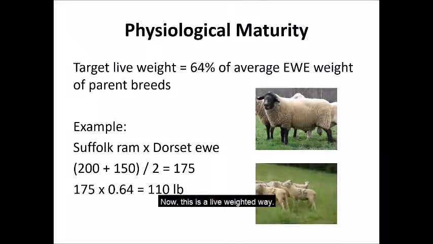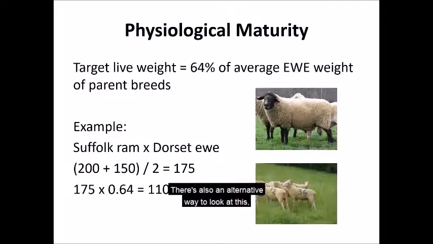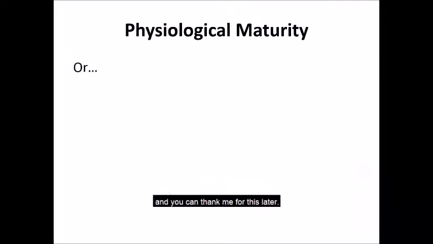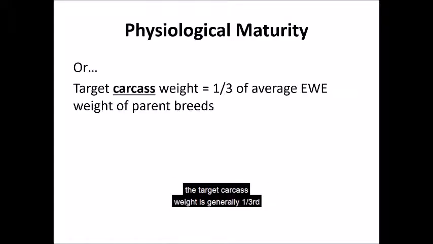Now, this is a live weight equation. There's also an alternative way to look at this, and you can thank me for this later. You won't find this published anywhere, but the math works out pretty handy, because if we look at the target carcass weight of a lamb, and oftentimes we talk about our carcass weights, the target carcass weight is generally 1/3 of the average of the ewe weights.